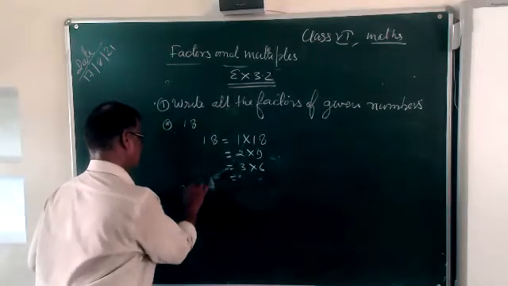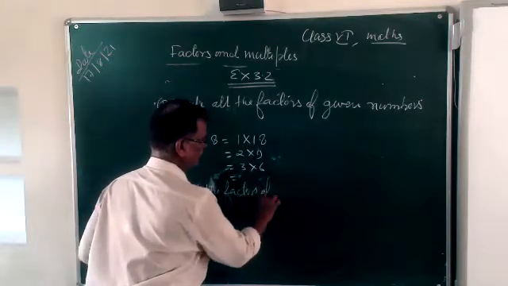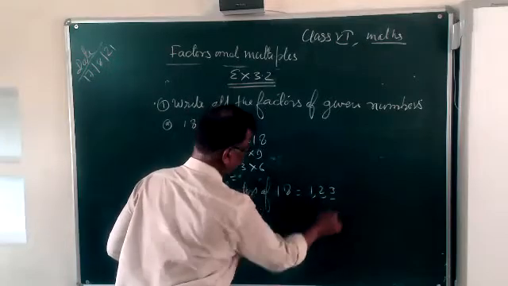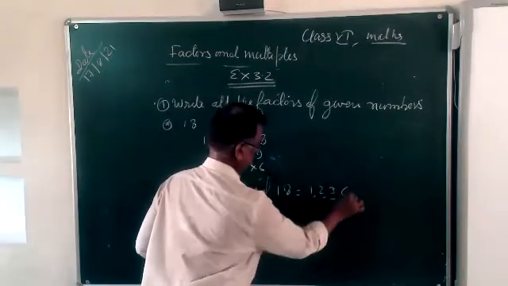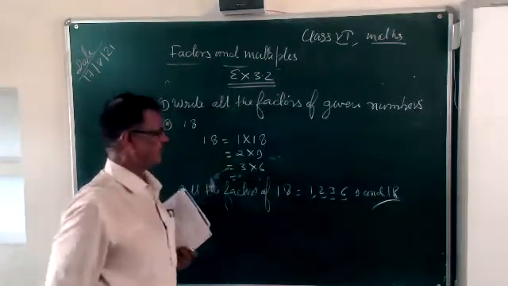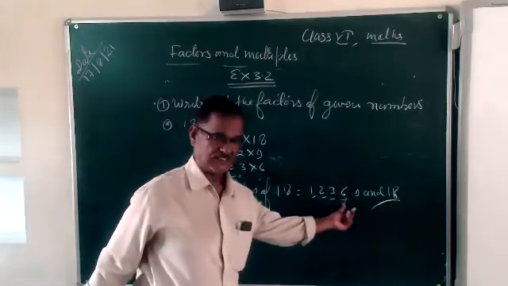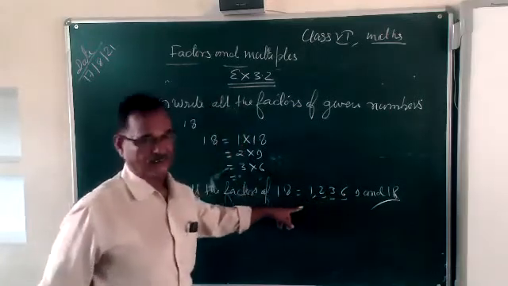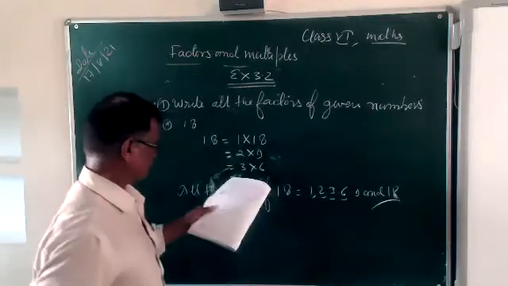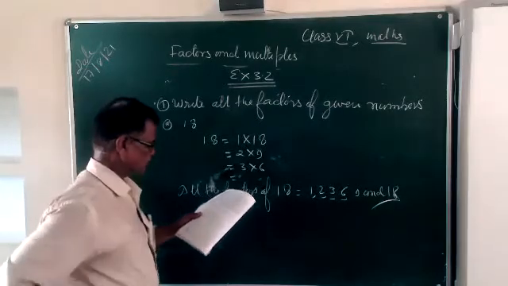So all the factors of 18 are 1, 2, 3, 6, 9 and 18. These are the factors of 18 because 18 is divisible by all these numbers. Similarly, see next question 21.